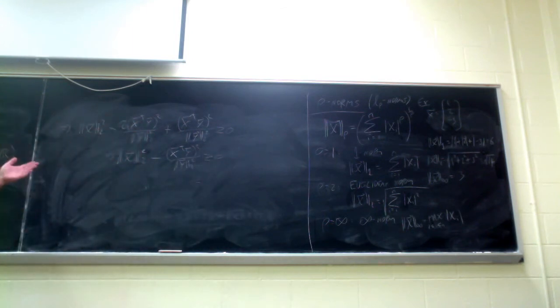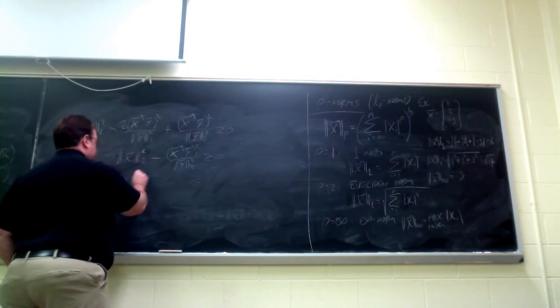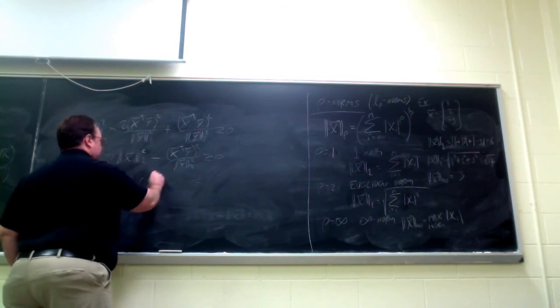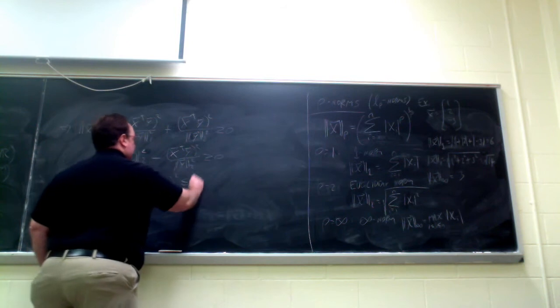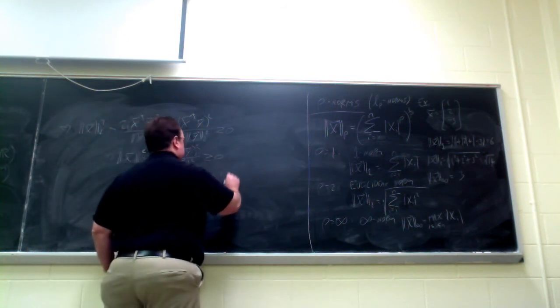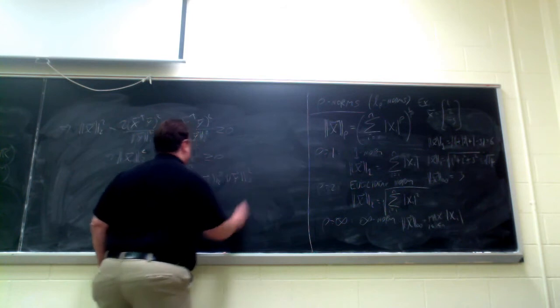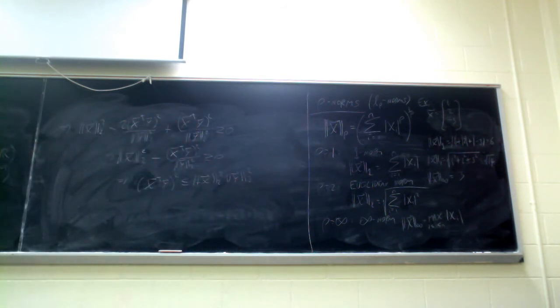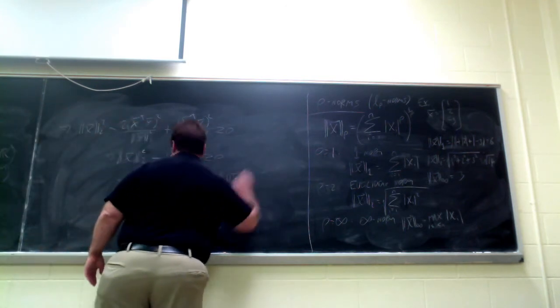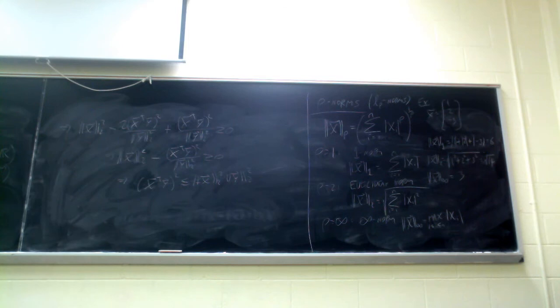So then all I have to do is rearrange this and take the square root of both sides, and the Cauchy-Bunyakovsky-Schwarz inequality falls out from there. So everything works out, and we call it good. Okay. So, nothing to it.